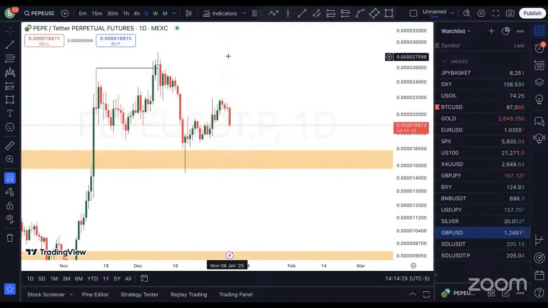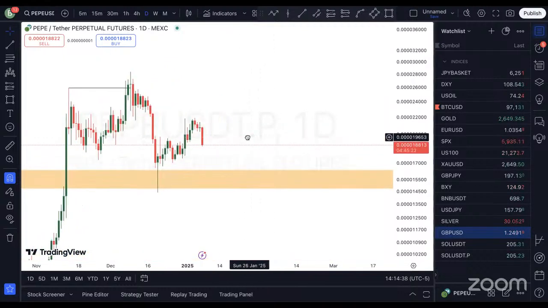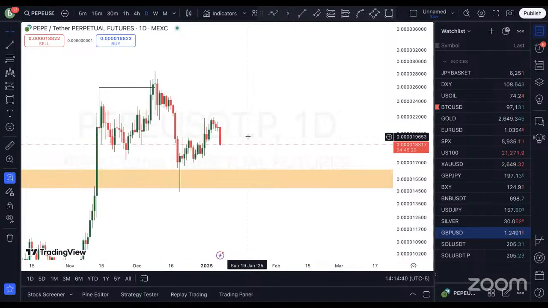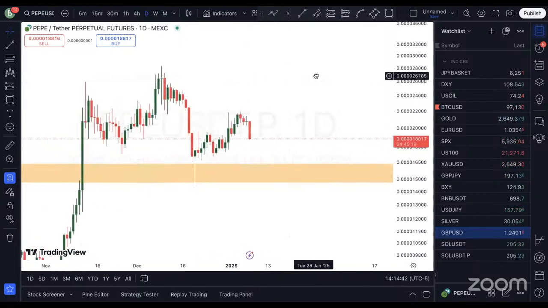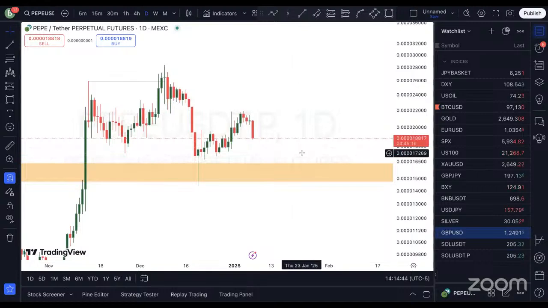But if there's no structure broken, we don't want this place to be broken anymore. If this place is broken, they will come down here, and there is a support here. So we want to see whatever is happening around here on the daily candle.